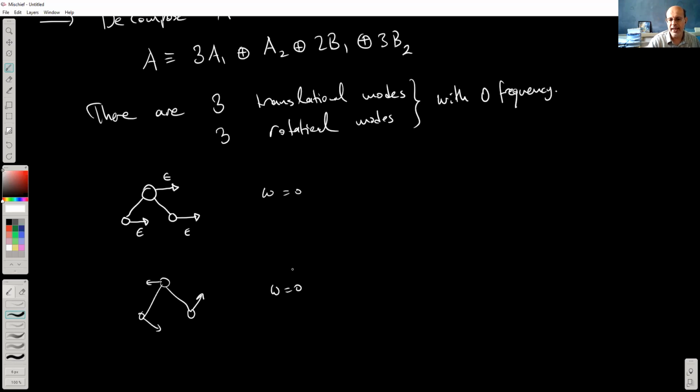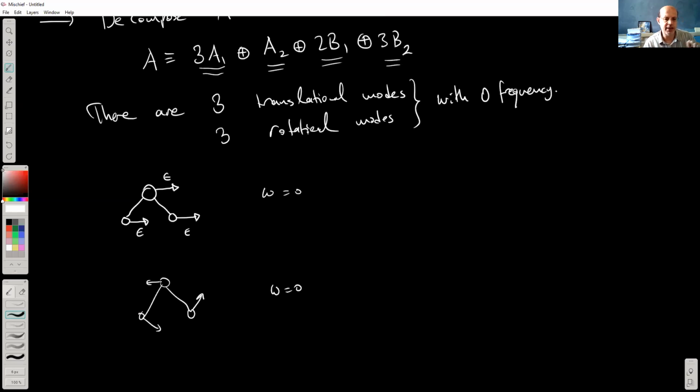So somehow we can identify all of these modes and the corresponding irreducible representation. So it turns out that some of these irreducible representations, you can identify which one of these correspond to these translational rotational modes.